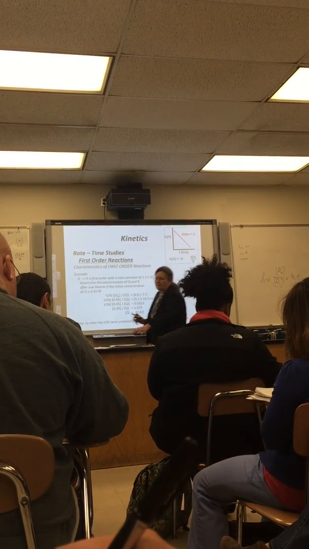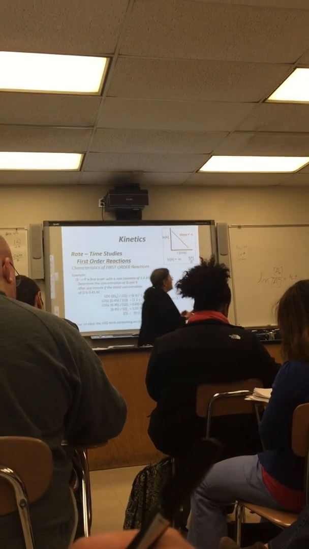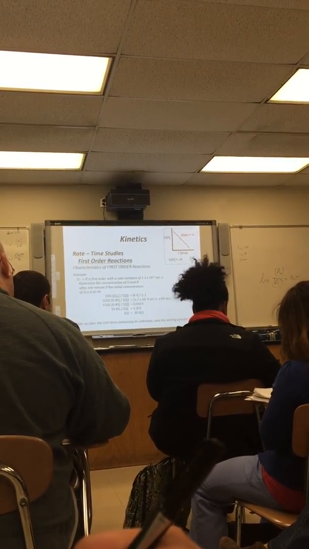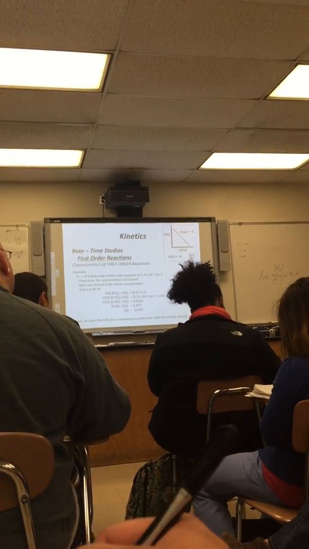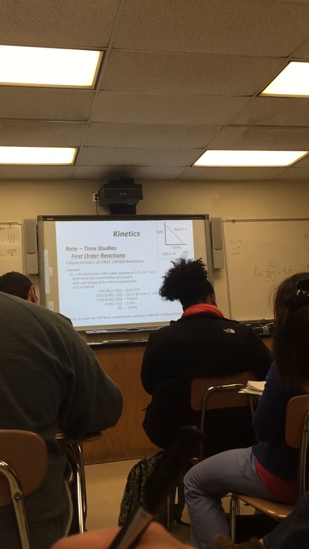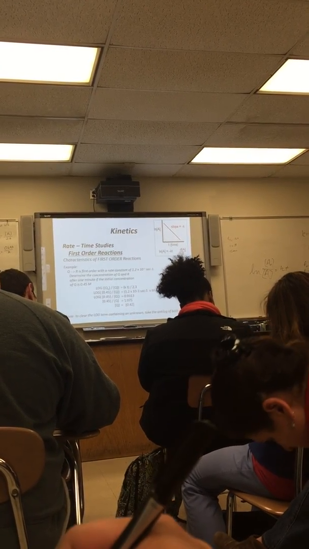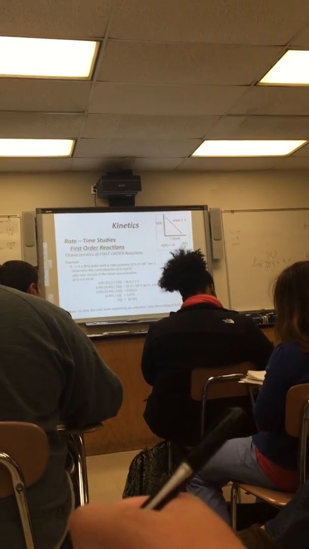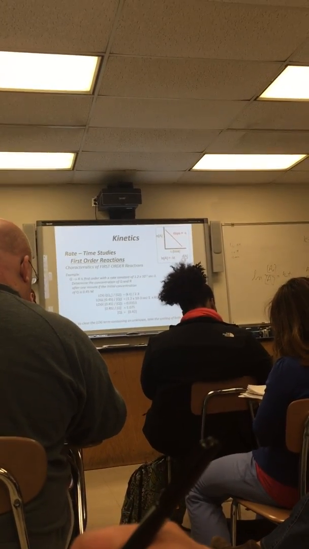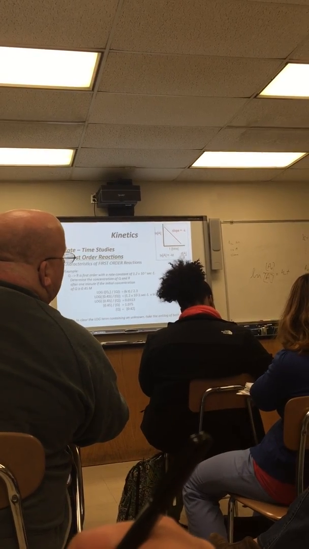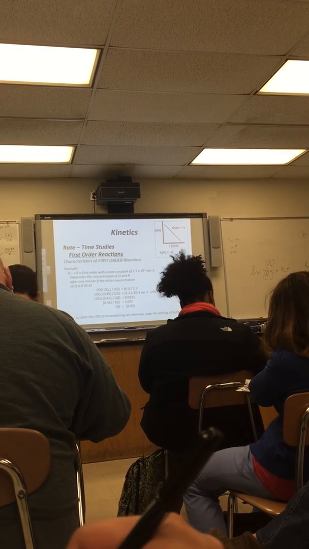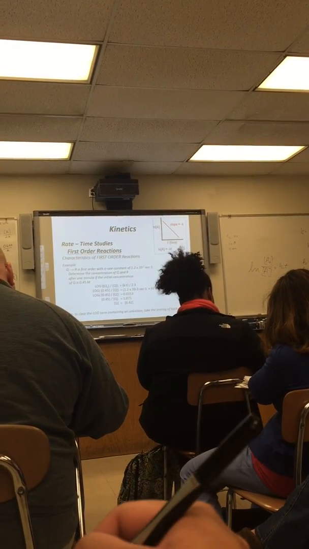So, magic box time. I've got A0 over A, so I wind up with the log of 1 over 0.35. 1 divided by 0.35, get the log, is about 0.46. And on this side I have 2 times 10 to the negative 4 divided by 2.3, so I have 8.7 times 10 to the negative 5 times T. Simple problem.